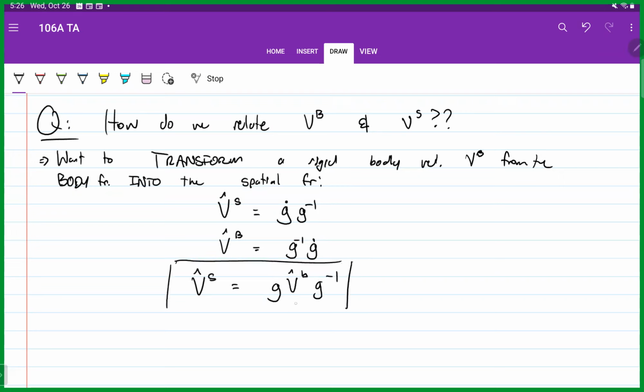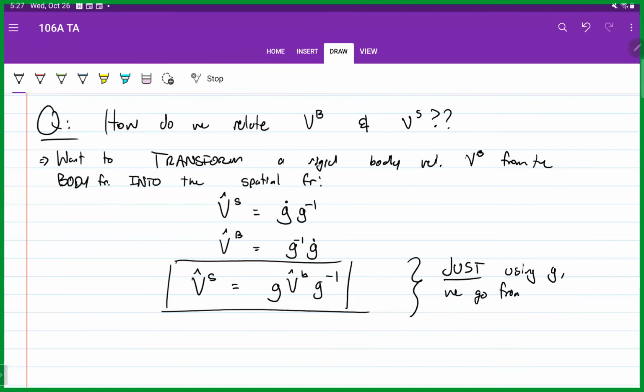So using just this matrix G, we don't have to use G dot at all. We were able to figure out a transformation between our body frame velocity and our spatial frame velocity. Just using G, we go from V hat body back into V hat spatial.